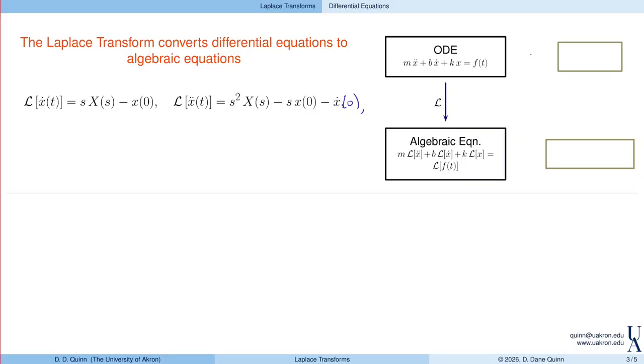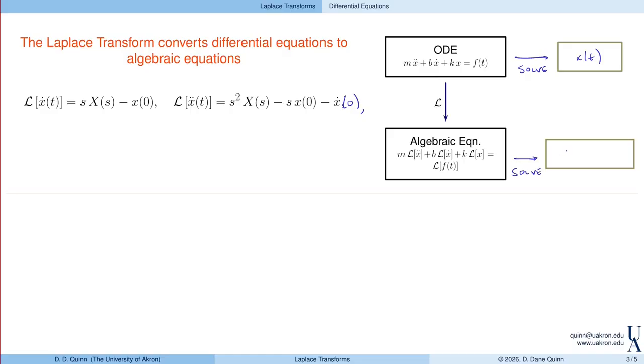Right, so if I think about a flow chart, we start off with an ordinary differential equation, and if I take the Laplace transform of the entire equation, I end up with an algebraic equation in terms of the Laplace transform variable. Ultimately, what I want to do is solve this ODE and find x of t. When I take the Laplace transform, solving this is relatively straightforward because it's algebraic.